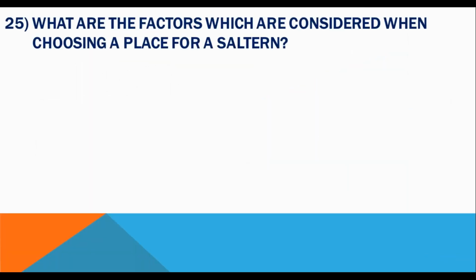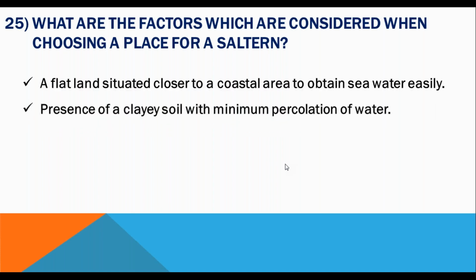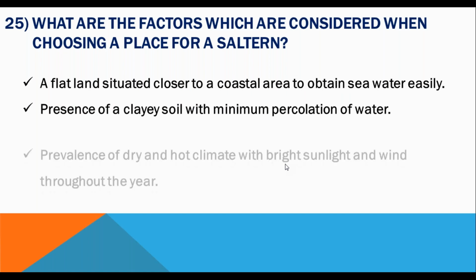Number 25. What are the factors considered when choosing a place for a saltern? You could remember that a saltern should not be far away from the sea. It should be a flat land situated close to a coastal area to obtain seawater easily. There should be clay soil with minimum percolation of water, not a higher amount of soil water.